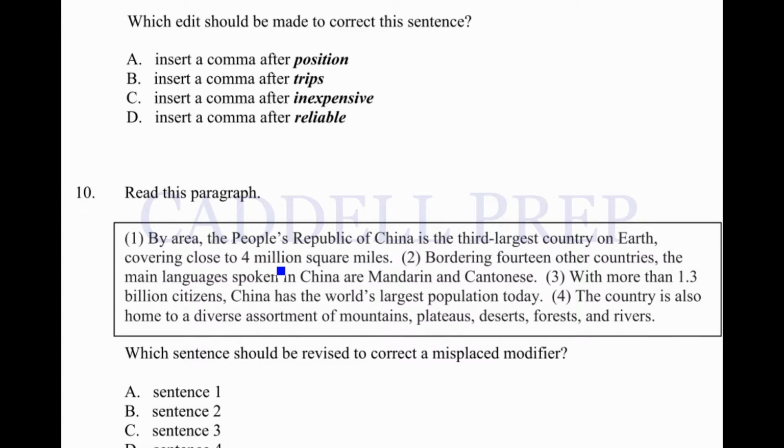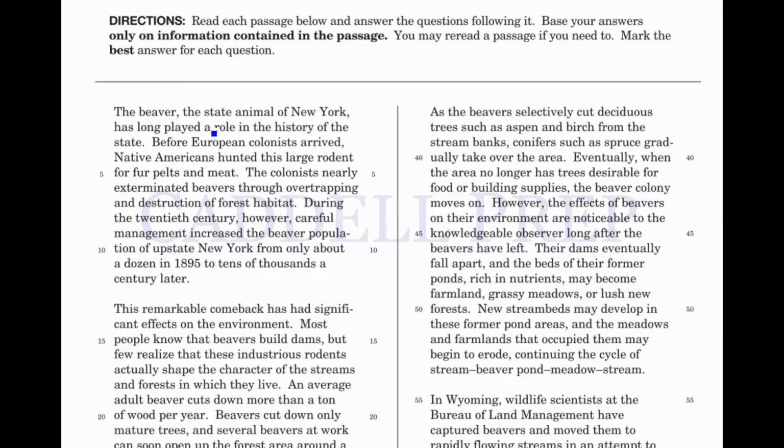So there's a misplaced modifier and we have to make a change to a sentence. We don't have to identify the change, but just identify which sentence has to be changed. And of course these are just two examples, but just know that there are going to be some standalone questions also. Alright, let's look at the reading passages.